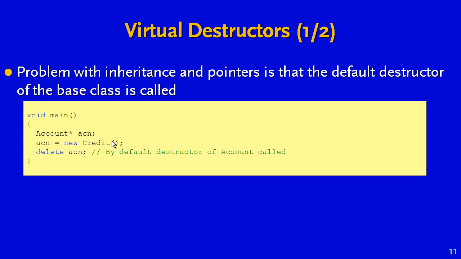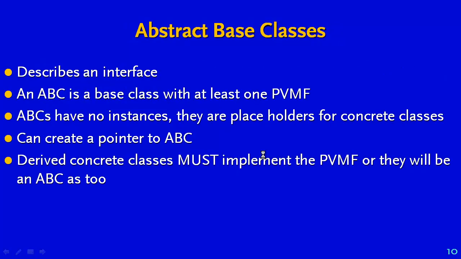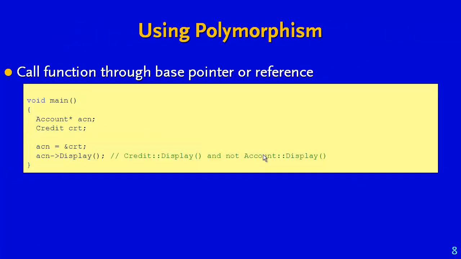If we do the following, you see here I've got account star a new credit. Of course, every new has to have a delete, as we've seen before. When I delete a, it only calls the destructor of the account. So let me go back to my original diagram.